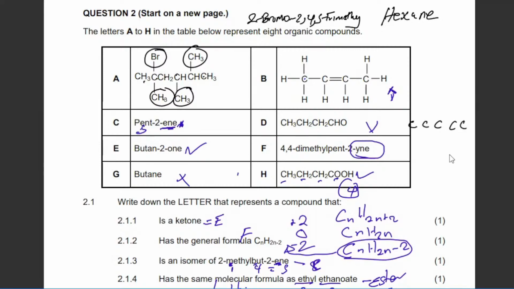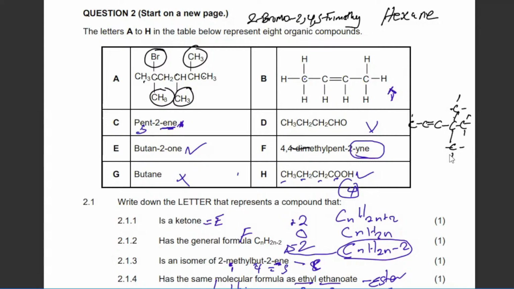The double bond is on carbon atom number 2, but the methyls are on carbon atom number 4. 1, 2, 3, 4. So there are 2 methyls. When I have a carbon atom here, this is a methyl, so I put hydrogens.